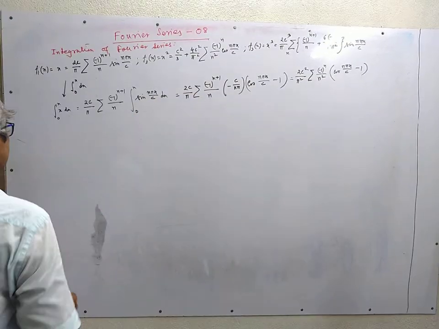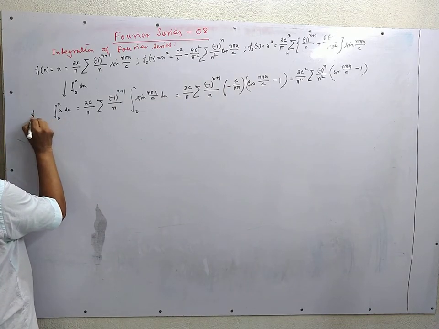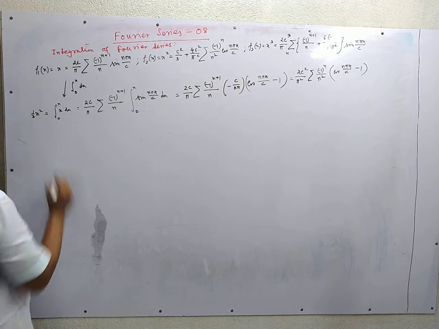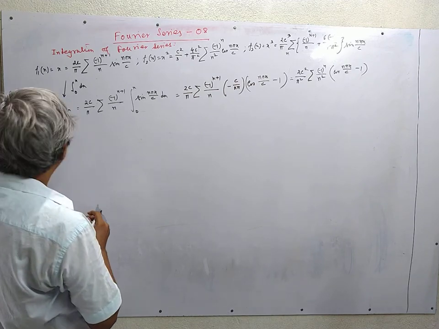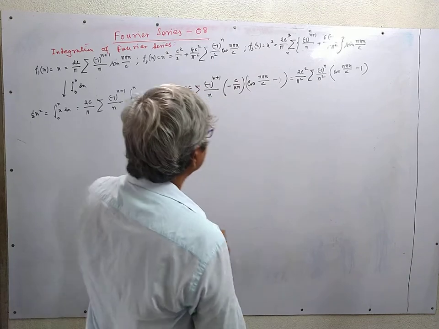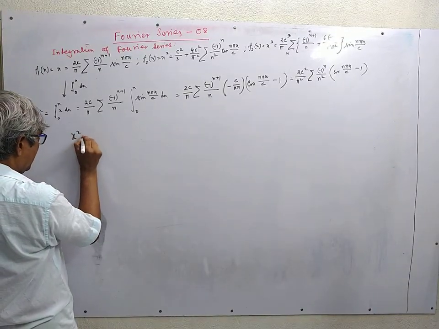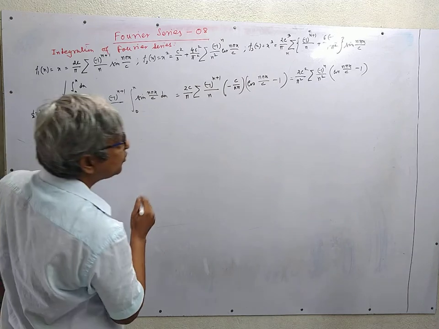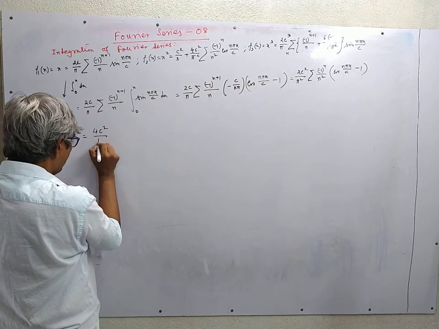Now on the left hand side it is half x square. So if we multiply this half with this, we have x square is equal to 4c square by pi square.